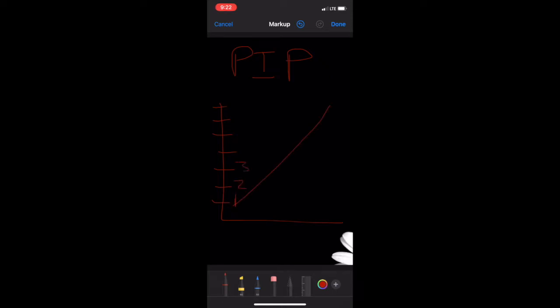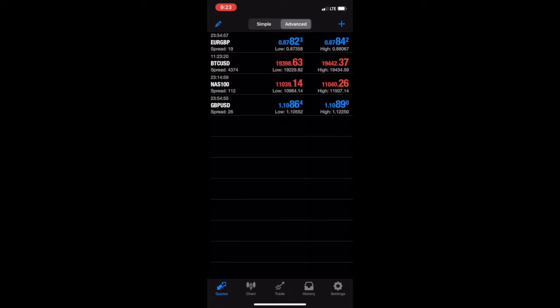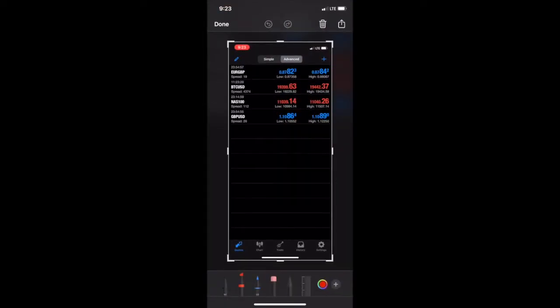So the distance that one given trade made may be 1 pip, 2 pips, 3 pips, 4 pips, 5, 6, or 7 pips, and so on and so forth. So now let's see how we can calculate those pips with actual values of any currency pairs.